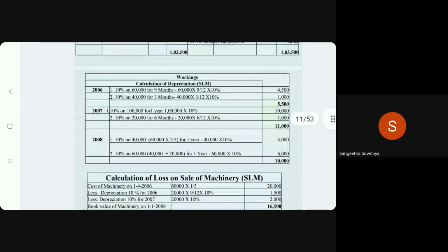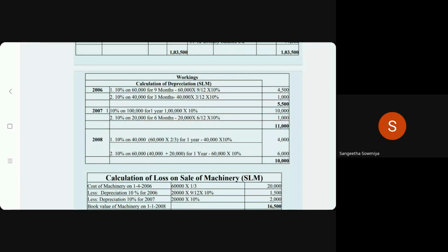See here how you have to calculate depreciation. First machinery 60,000 and second machinery 40,000. So totally 1 lakh, right? You have to calculate one year's depreciation for 2007. 10% is the depreciation, so 1 lakh into 10% into 1 year, that is 10,000.